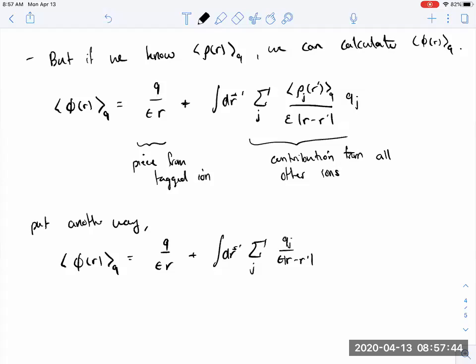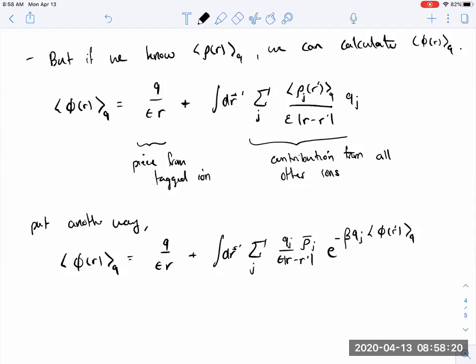The density at point R prime is given by that Boltzmann expression, which says that I take the bulk density, and then the likelihood that a charge J is at position R just depends on that Boltzmann factor, which itself just depends on the potential that that ion feels at R prime.